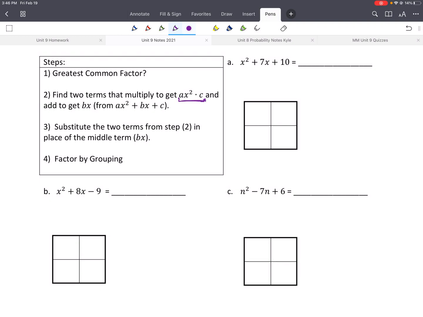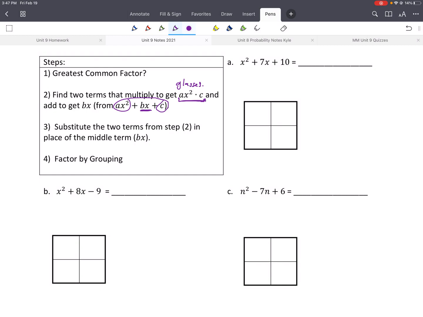So that's where we do our glasses. We multiply our first and last term. And they need to add up to give us bx, which is our middle term.